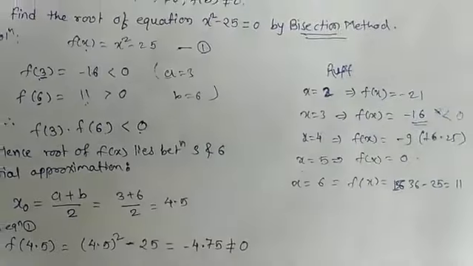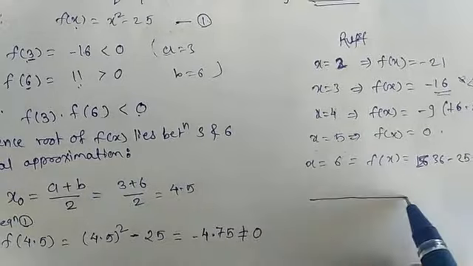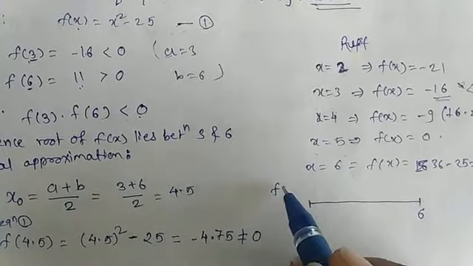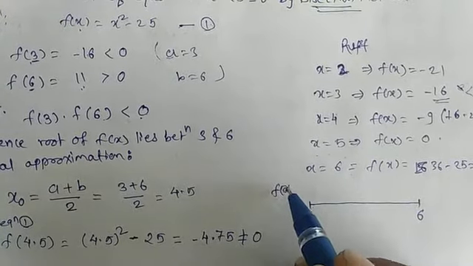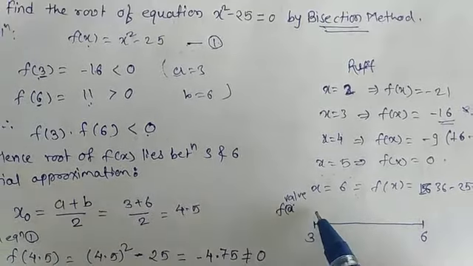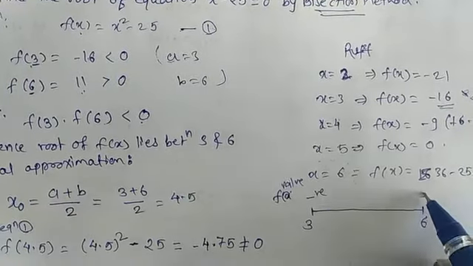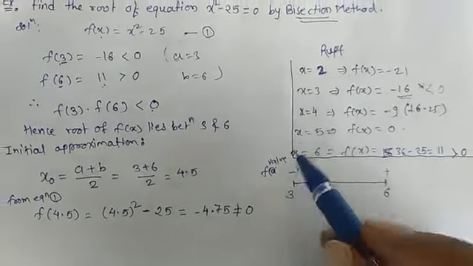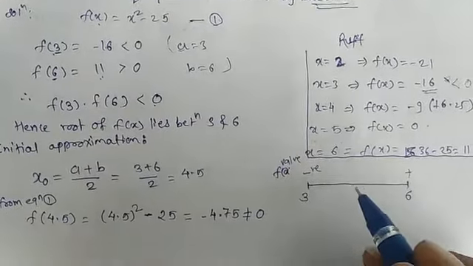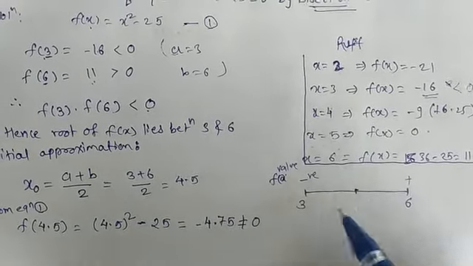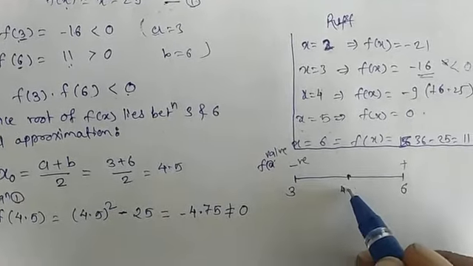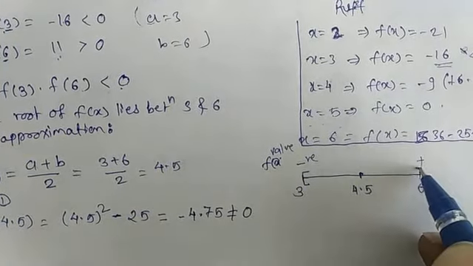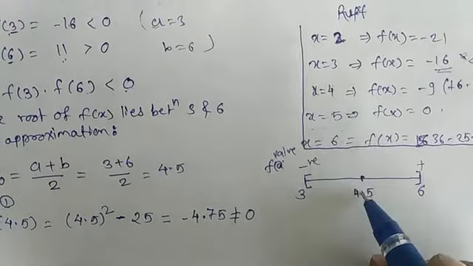So the first interval is from 3 to 6, and for 3 the function value is negative and for 6 it is positive, as we solved above. Now the center of 3 and 6 is 4.5. At 4.5 the value is negative.